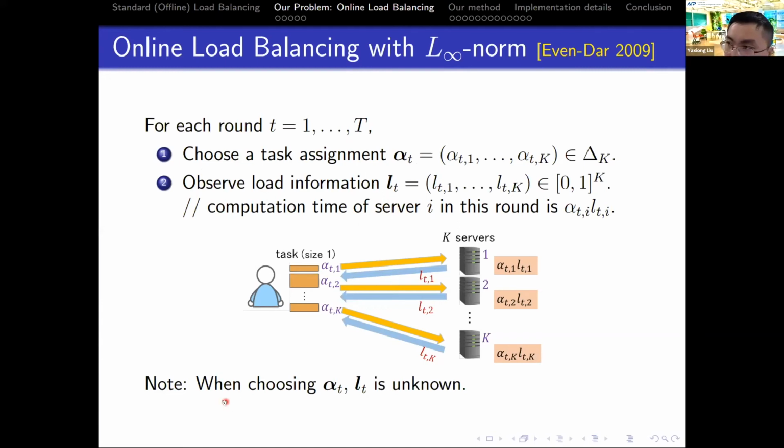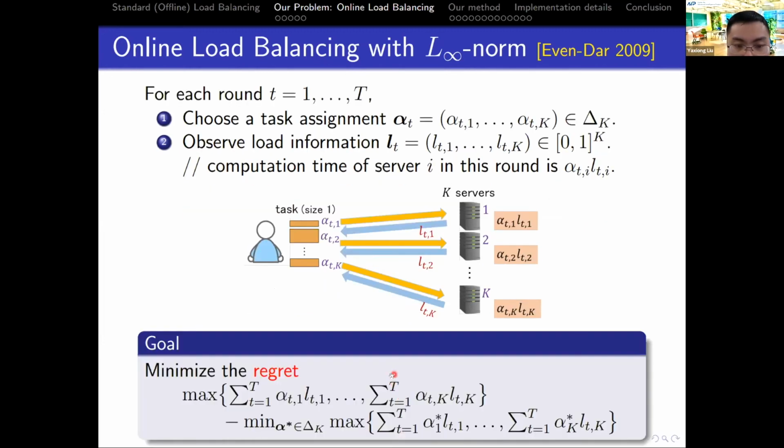But we need to pay attention that in the online load balancing problem, the algorithm should choose alpha t when L t is unknown. So this is a prediction problem rather than an optimization problem as in the offline setting. The goal of the algorithm is to minimize the regret, which is defined as the difference between the makespan and the statistical optimal choice.